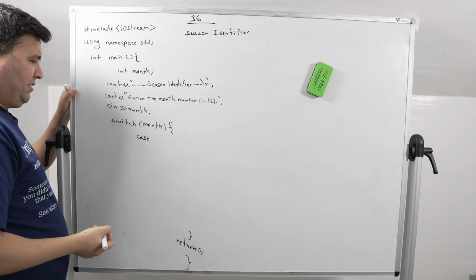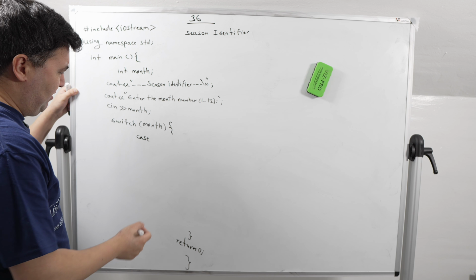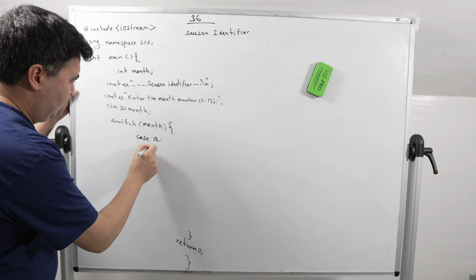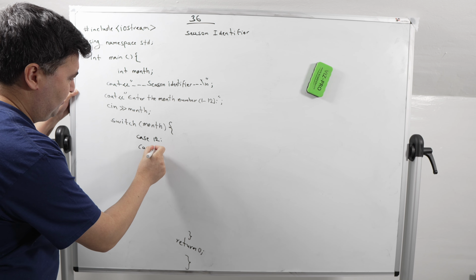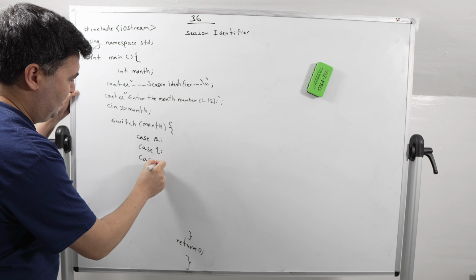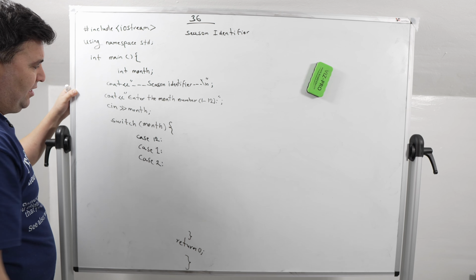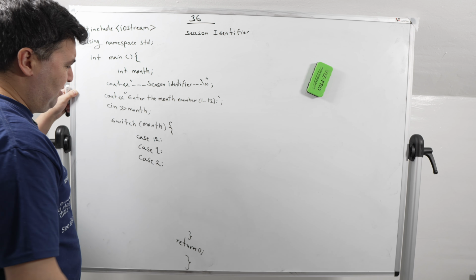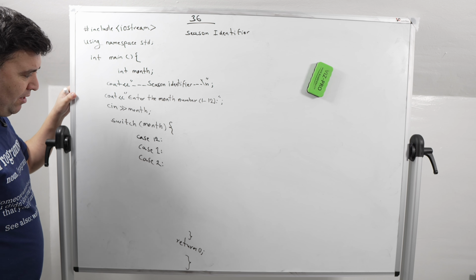So for the case, for the winter season, we have case 12, case 1, case 2, because these 3 months, when the user enters 12 or 1 or 2, belong to the winter season.